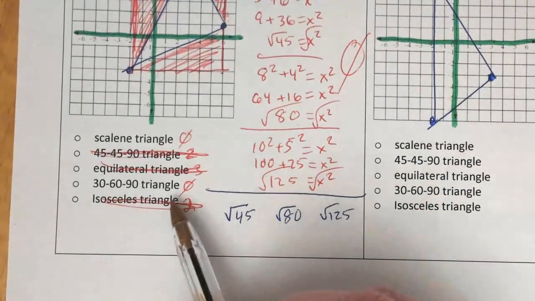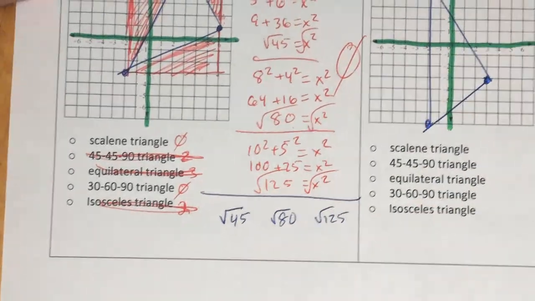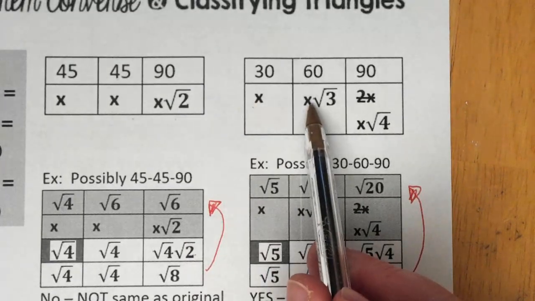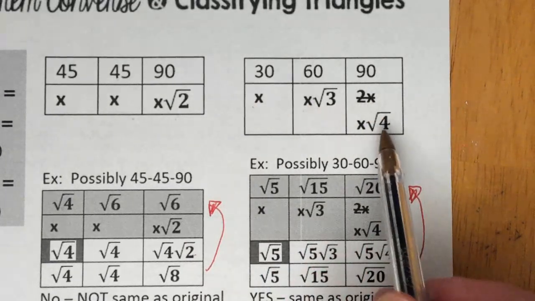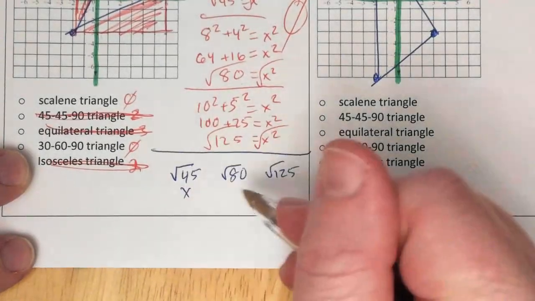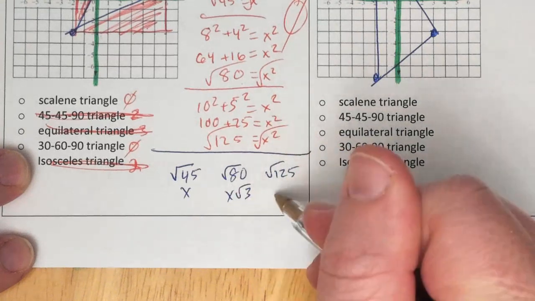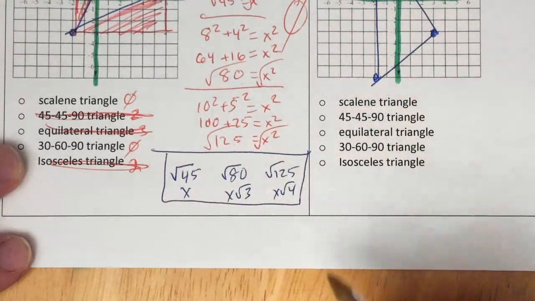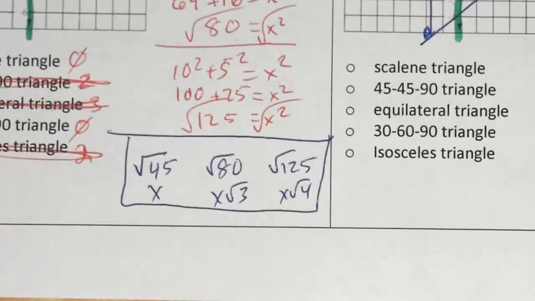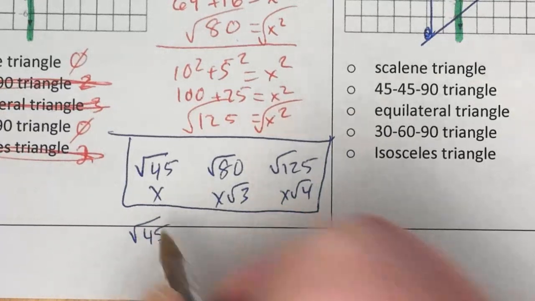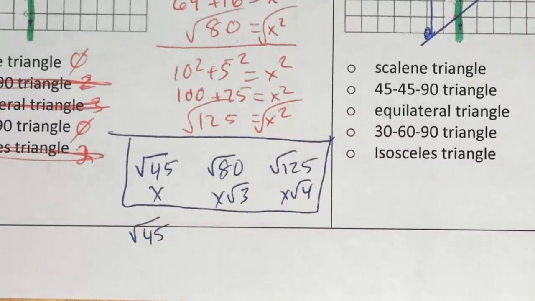Now, if this was a 30, 60, 90, our rule says that it would be x radical 3, and 2x, which is the same thing as x radical 4. So let's see, x radical 3, x radical 4. All right, so here's our rule. Let's see if it works. I'm going to zoom in here. Okay, no matter what, we're stuck with the first one, radical 45. All right, let's see if these other worked.